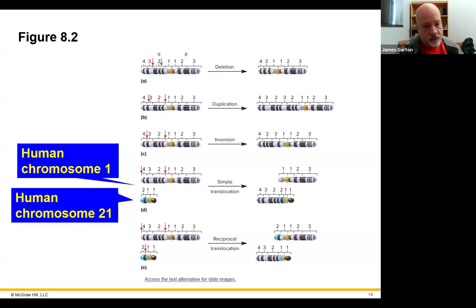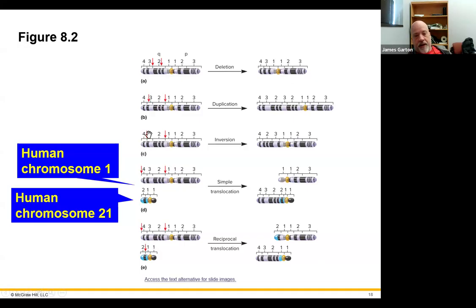And so here's a deletion. This region in between the red arrows is missing. Here's a duplication. That region in between the red arrows is now there twice. Here's an inversion.